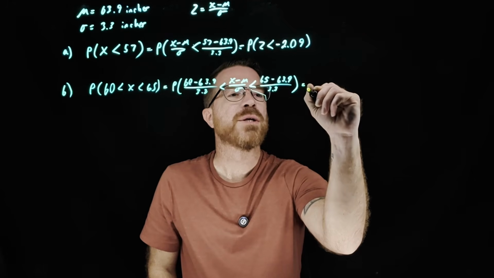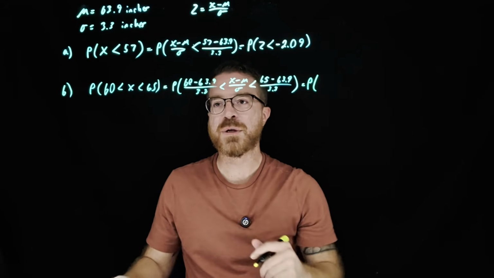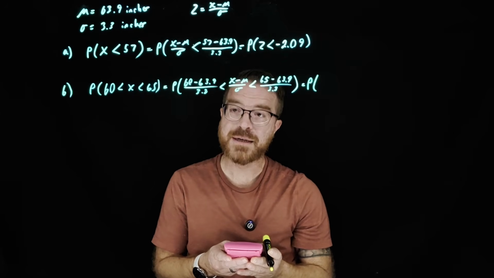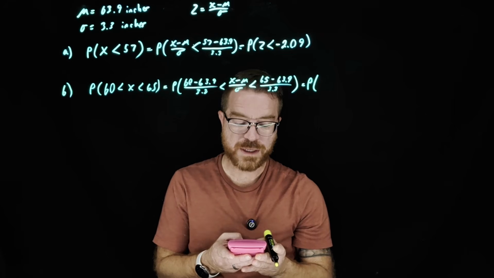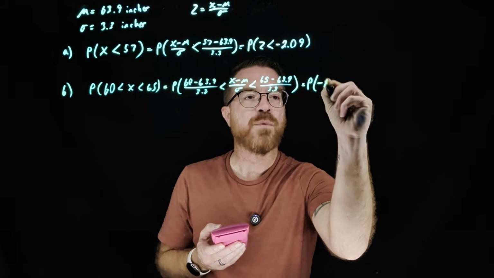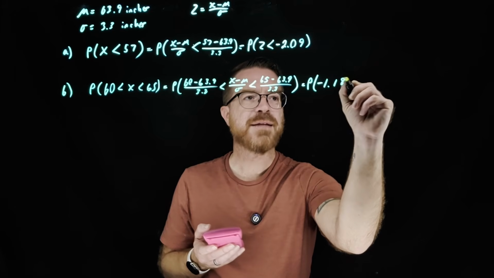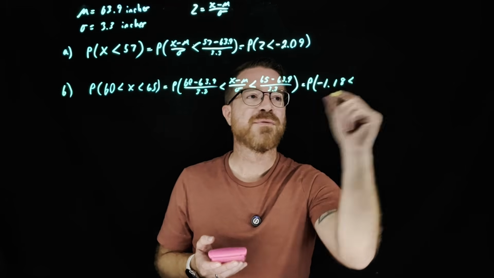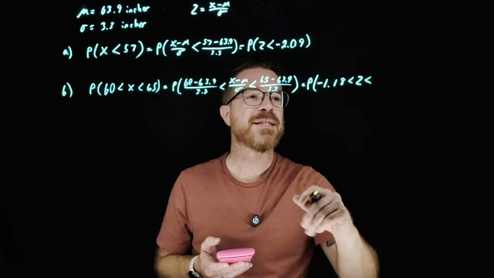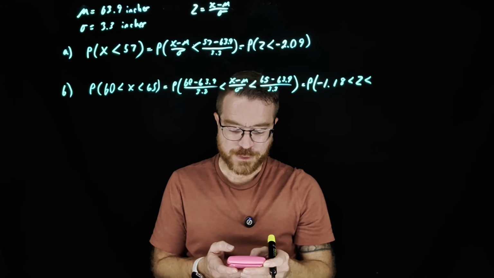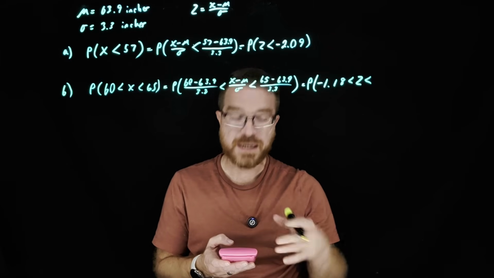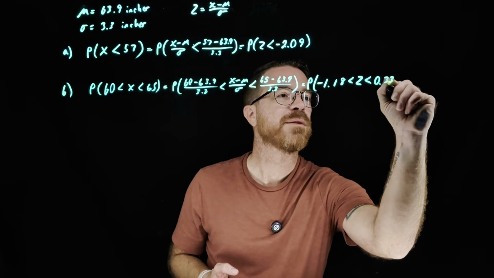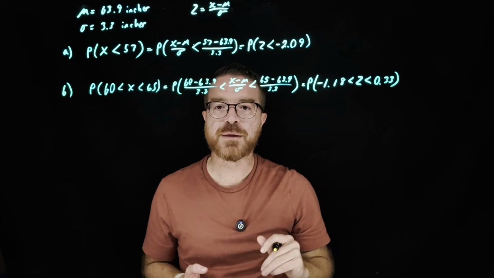Again, we are going to grab our calculator, and this is going to be open parentheses 60 minus 63.9 in parentheses divided by 3.3, and I get negative 1.1818, so that's negative 1.18 less than X minus mu over sigma, which is equal to Z, less than, and now we plug in this value. This one is going to be 65 minus 63.9 divided by 3.3, and I get 0.33 repeating, which rounds to 0.33.